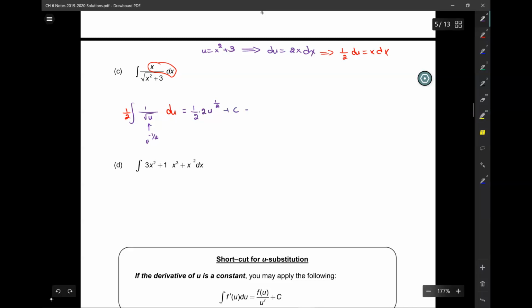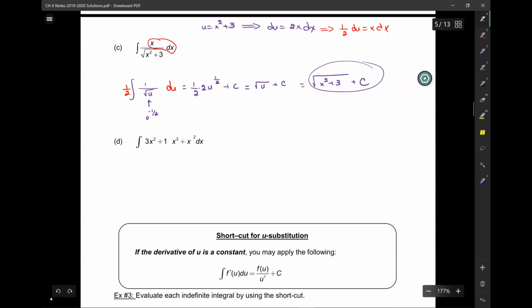So all I got, because it's like dividing by a half by the new exponent, is the square root of u plus c, the square root of x squared plus 3 plus c. Okay, parentheses look like this here.